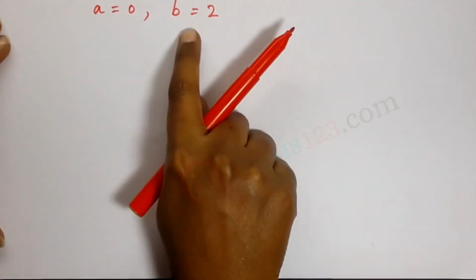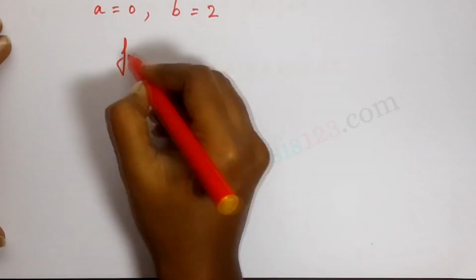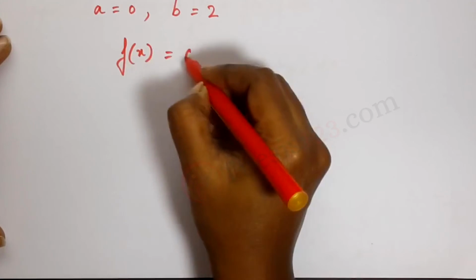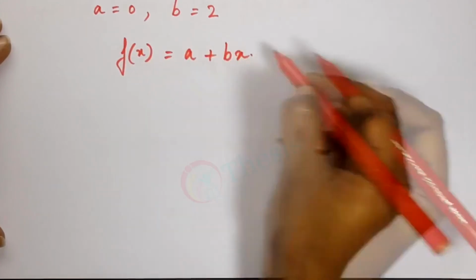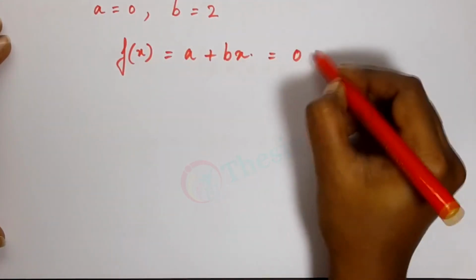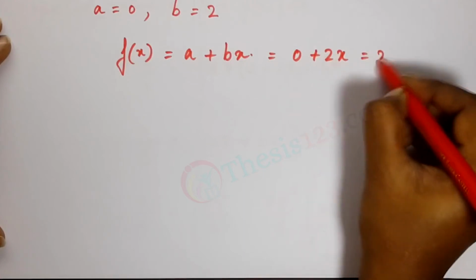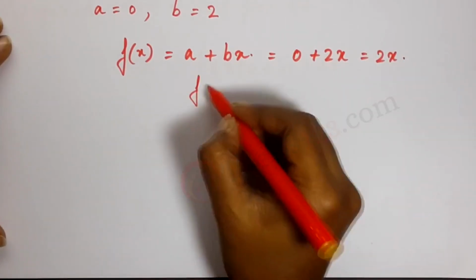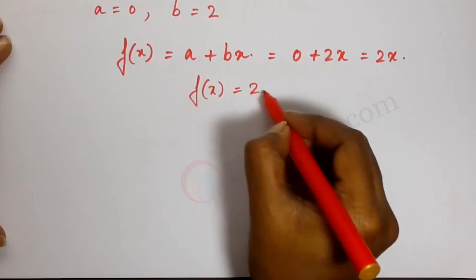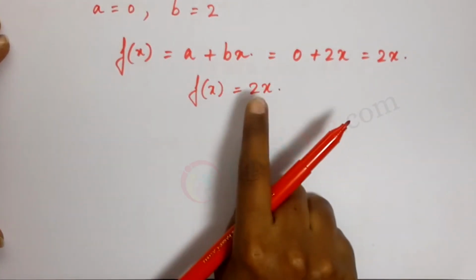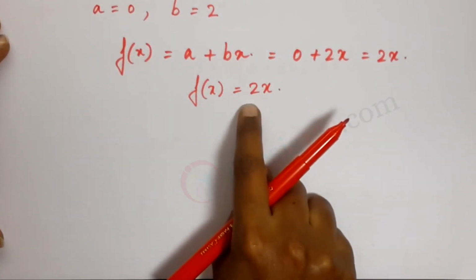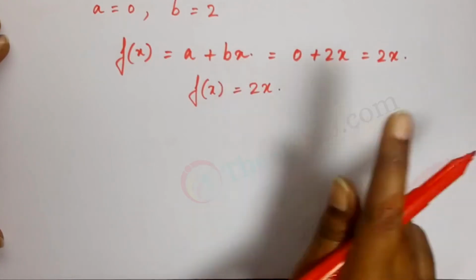Now if we substitute this into our expression of f of x, which is a plus bx, that would be 0 plus 2x, 2x. So the function f of x is now 2x. This is the function that we are going to use in order to find out the probability asked.